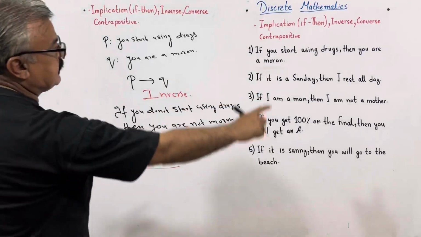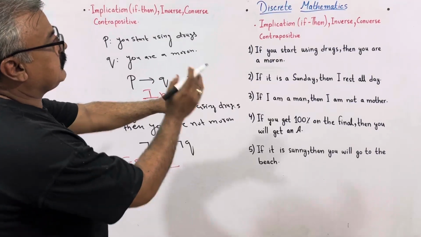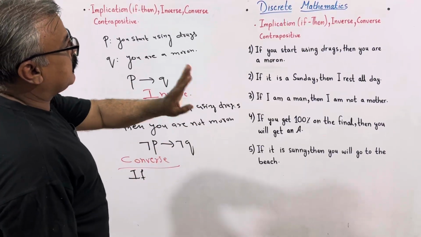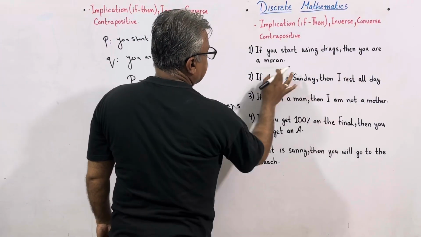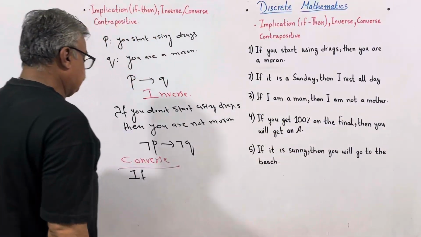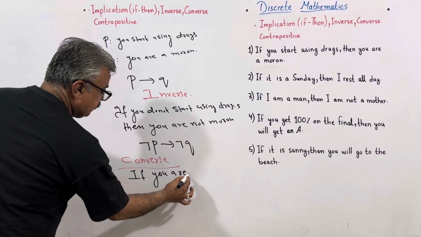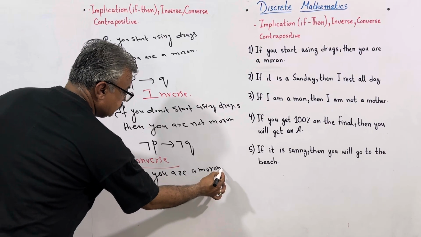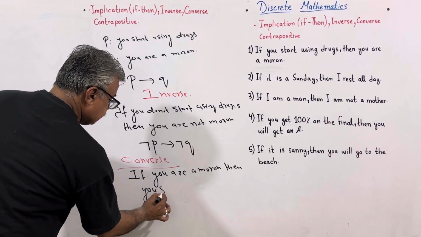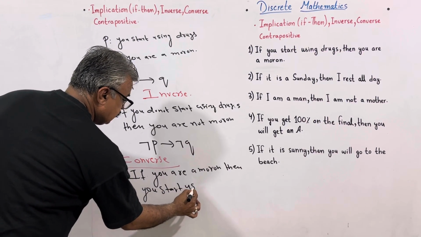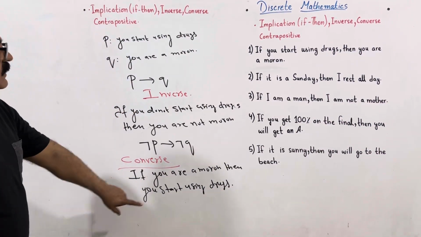We read the converse by changing the position of both statements. The dependent becomes the condition and the independent becomes the conclusion. So: if you are a moron, then you start using drugs. That is the converse of this statement.